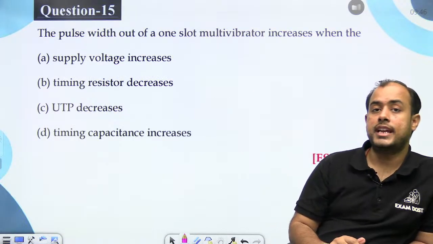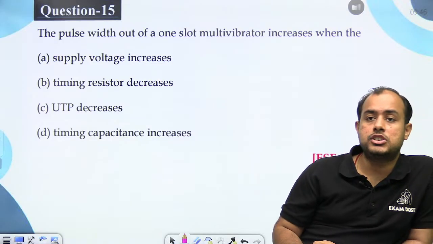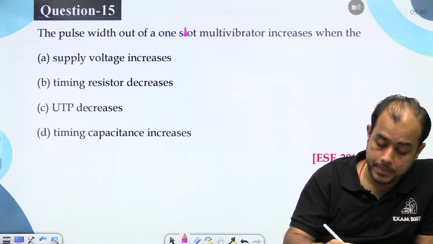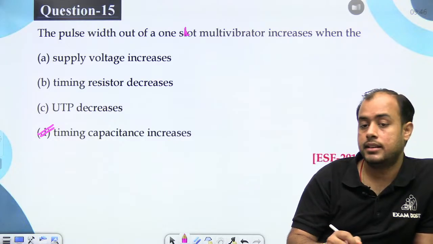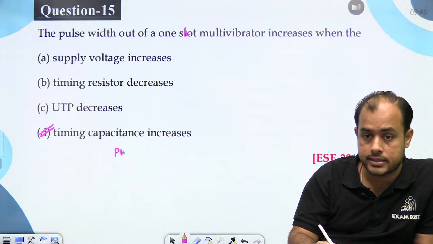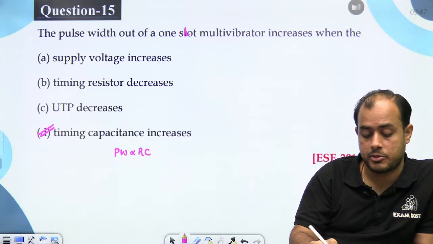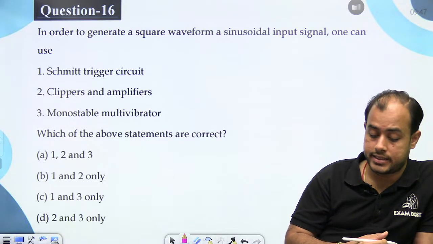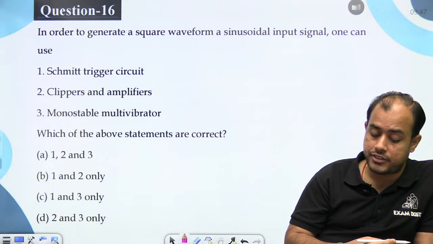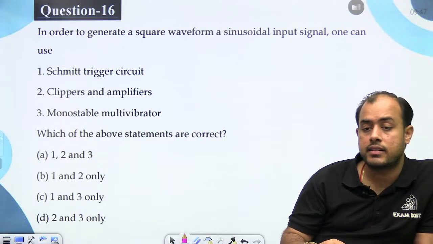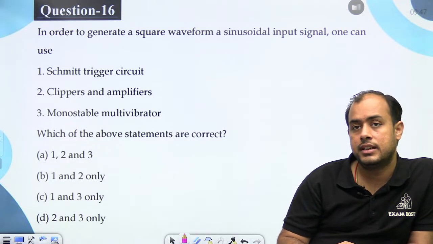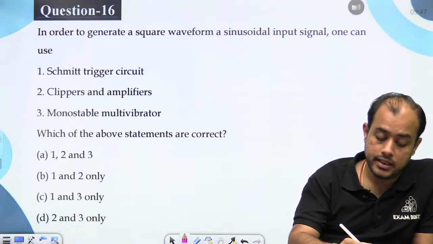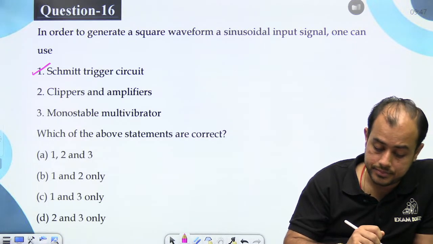ESE 2014, pulse width out of a one-shot multivibrator increases when capacitance increases, because pulse width is directly proportional to time constant. So if you increase capacitance, pulse width increases. ESE 2015, in order to generate a square wave using a sinusoidal input signal, you can use Schmitt trigger.